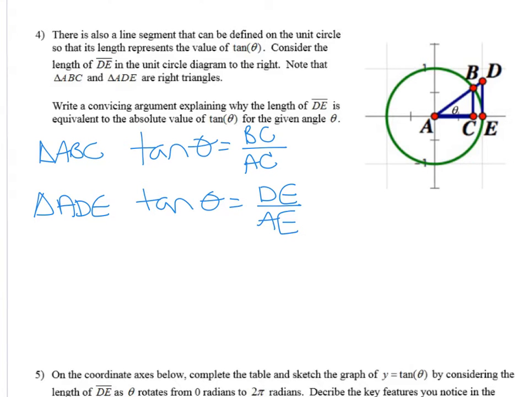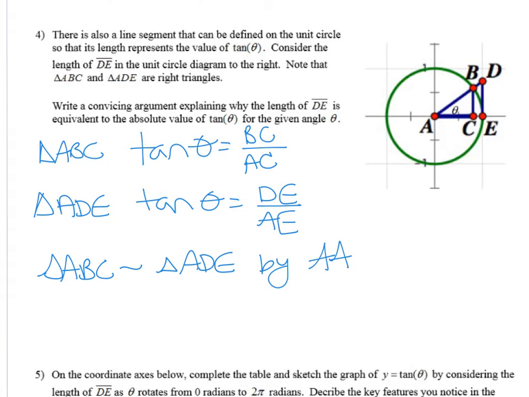Because ABC and ADE are both right triangles and share angle theta, they are similar by AA. So triangle ABC is similar to triangle ADE. We said by AA, angle, angle.